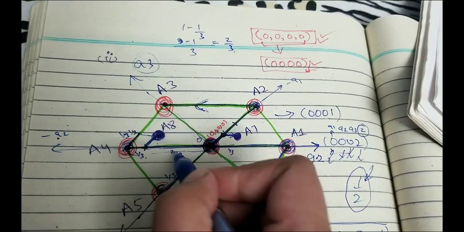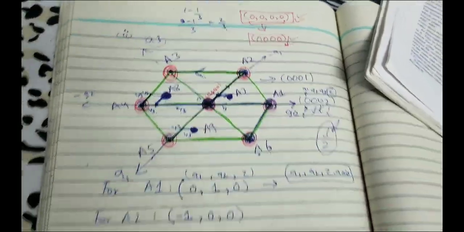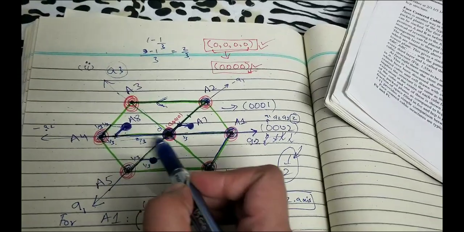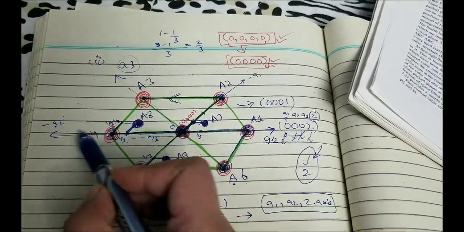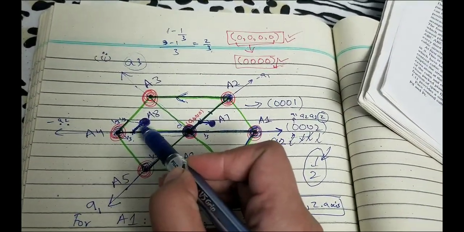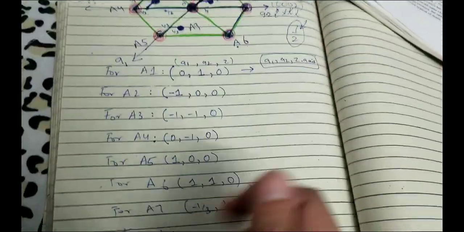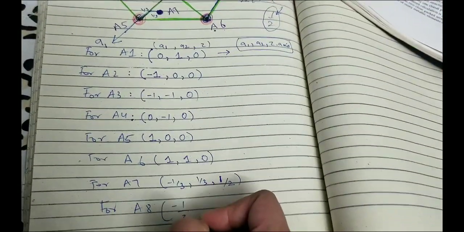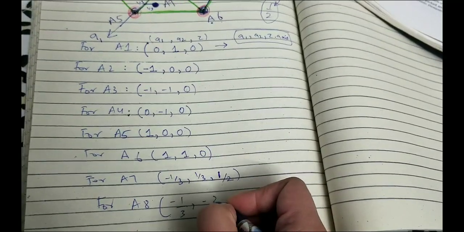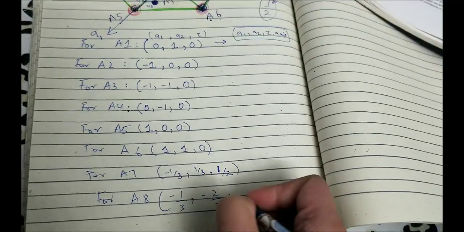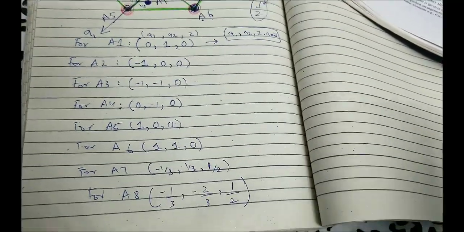Both of these movements are on the negative axis, so we'll take them as negative. We have to move negative 2/3 units along the A2 axis and negative 1/3 units along the A1 axis. So it's negative 1/3 along A1, negative 2/3 along A2, and 1/2 again for Z is similar.